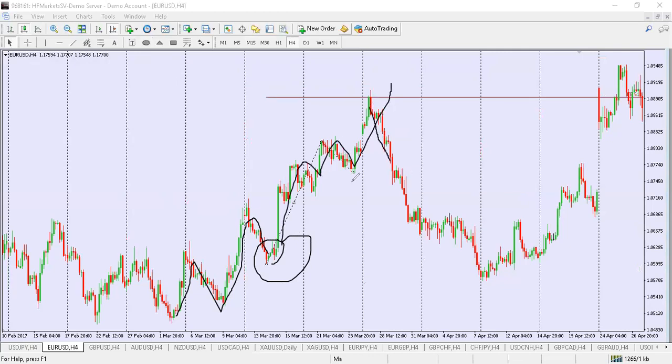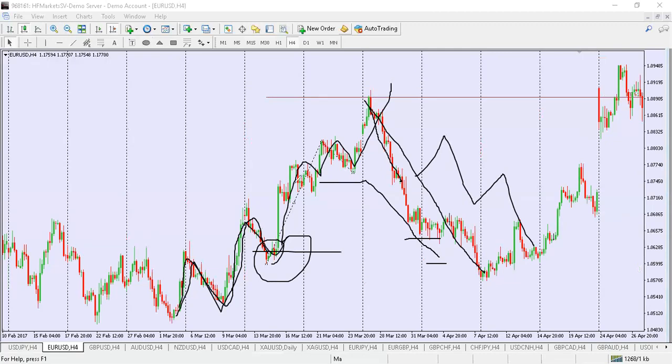But once we started breaking those points, you know that we are now in a downtrend, right? But this one, we did not have any pullback along the way that we could use. You see, this one, we had a nice pullback that we could use to enter.